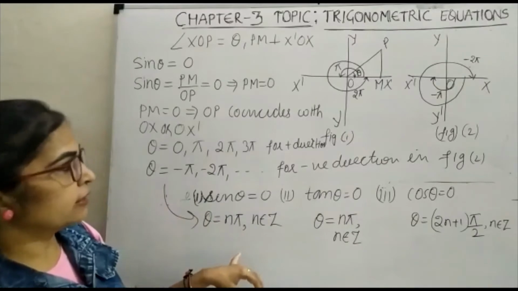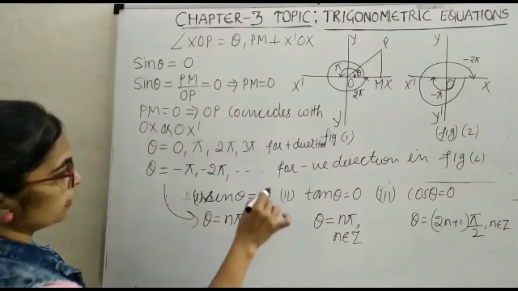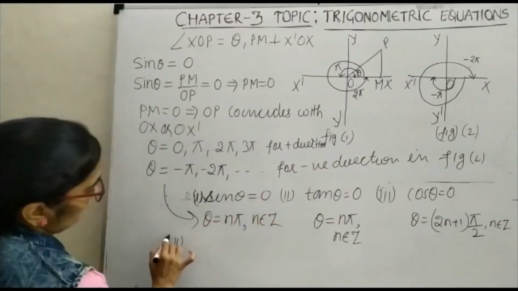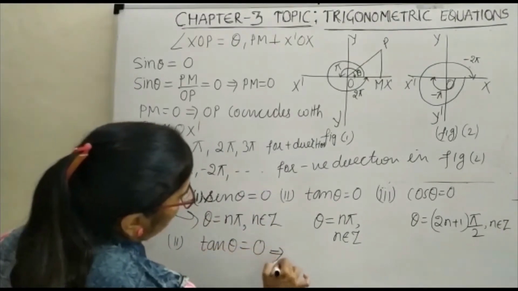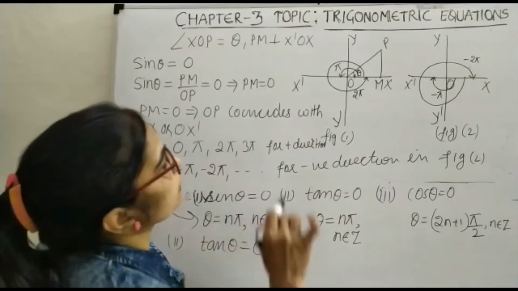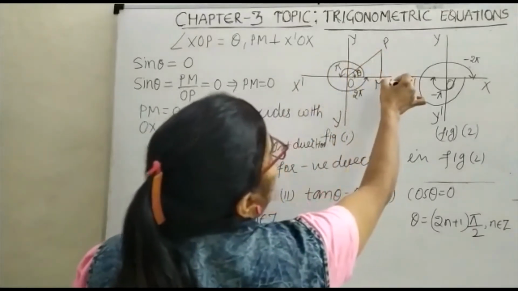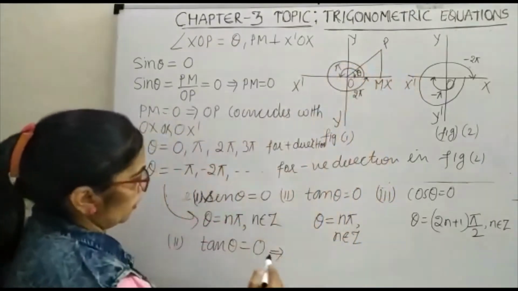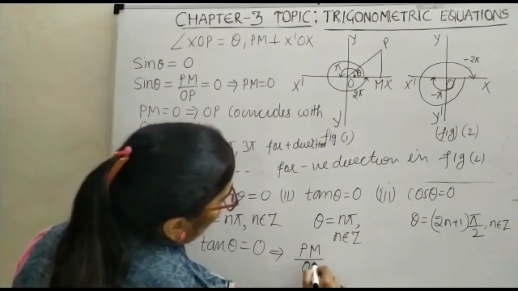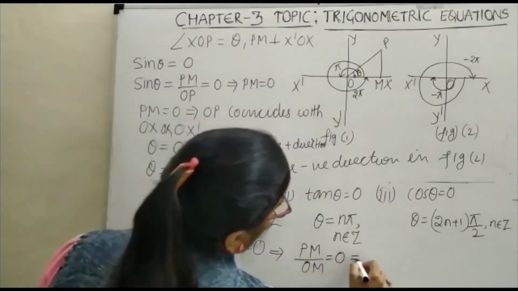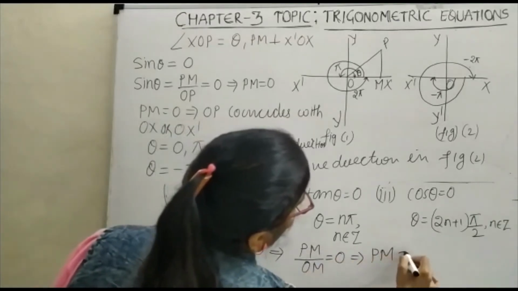In the same way, now just see the second one. Tan theta is equal to 0 implies tan theta is perpendicular upon base, that is PM upon OM. This is equal to 0, which implies PM is equal to 0.